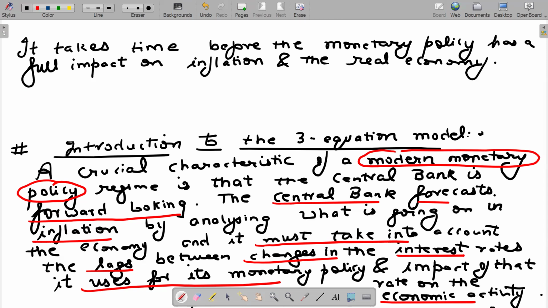Okay, so monetary policy is not impacting inflation immediately. It takes time for the monetary policy to have its complete impact on inflation and therefore the real economic activity.